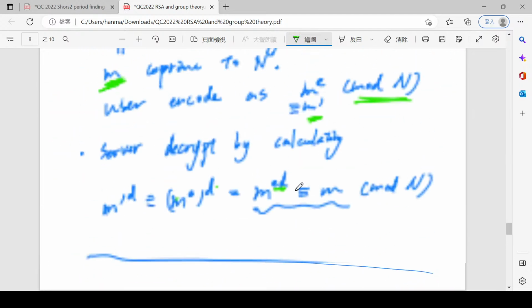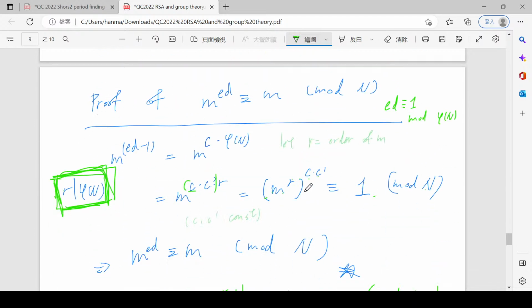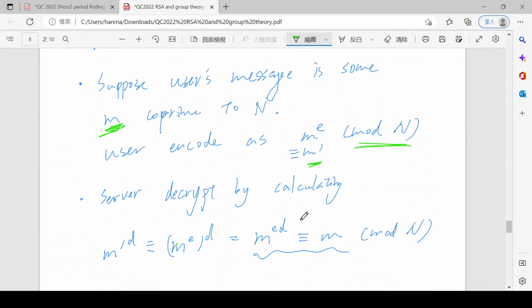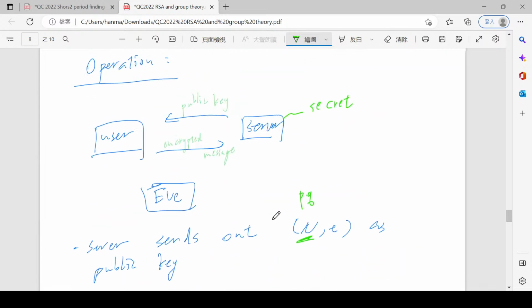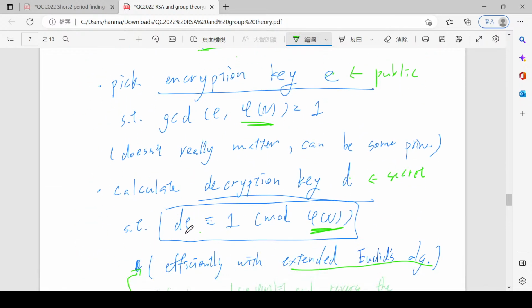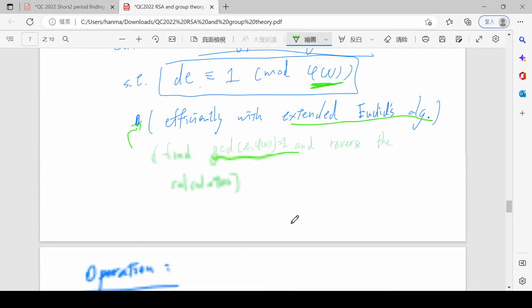So we prove RSA works because we have m to the ed minus 1 equal to 1 mod n. Then you multiply both sides by m, then m to the ed equals m mod n. So we prove how the RSA decryption works. You have this weird d that's the inverse of your random key e under mod phi n.